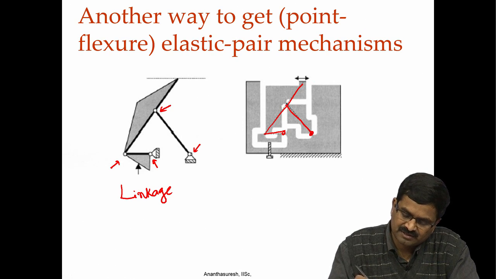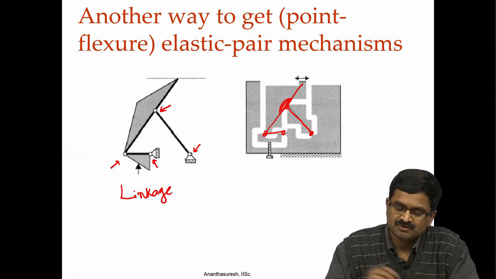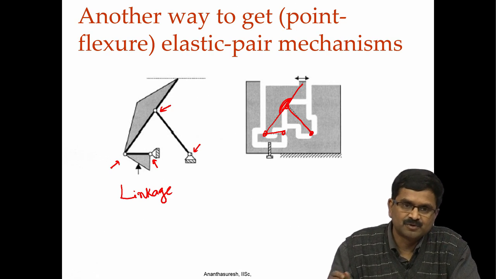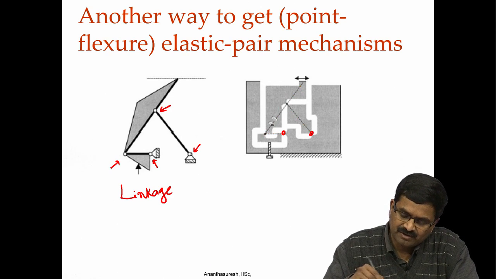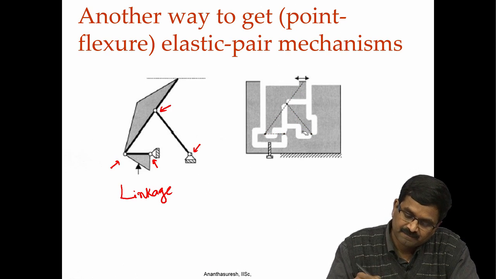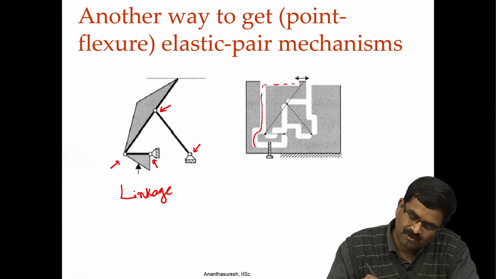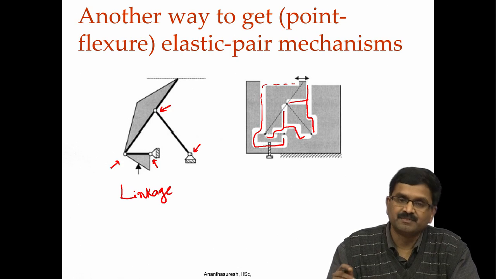So, there is one joint, another joint, third joint, fourth joint, this is the same body. So, it is a straight line motion mechanism. If you really want to get that, you can take a sheet of material and run your milling tool along all of these in this fashion and remove all that material.